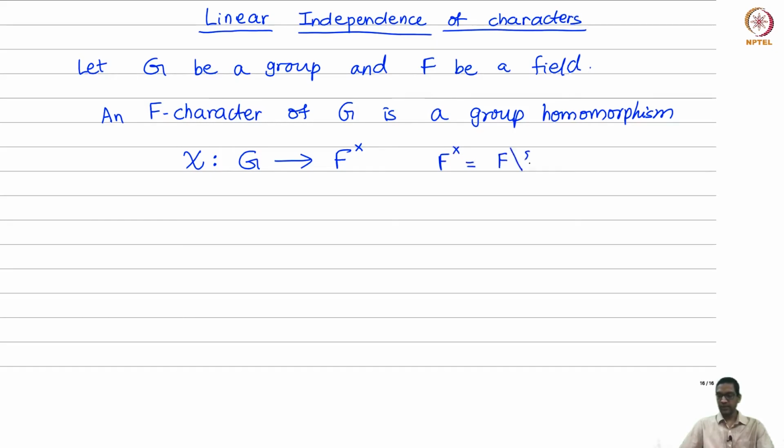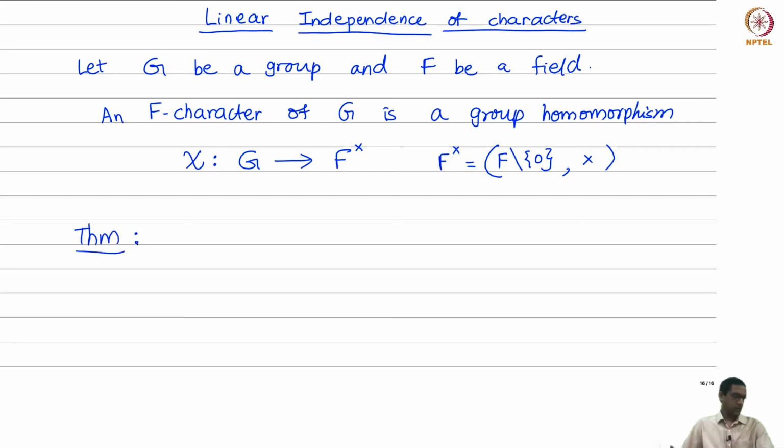So this is the field, delete the origin, think of it as a group under multiplication. Okay, so this is the definition of an F character, just a group homomorphism from G to the multiplicative group of the field. And here's the theorem.